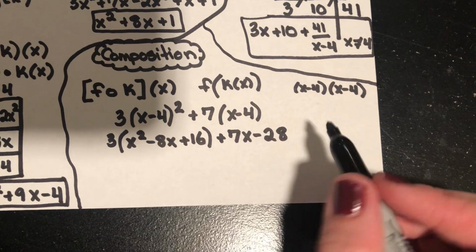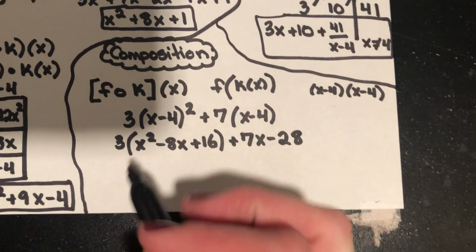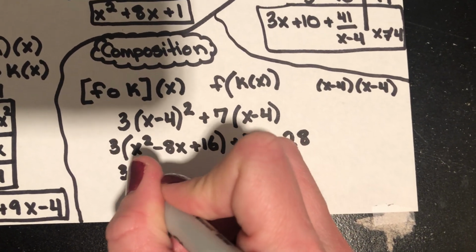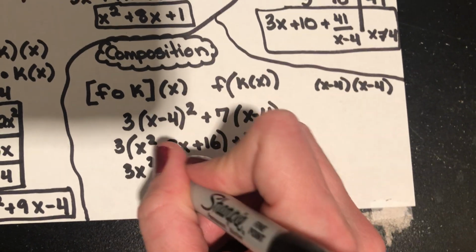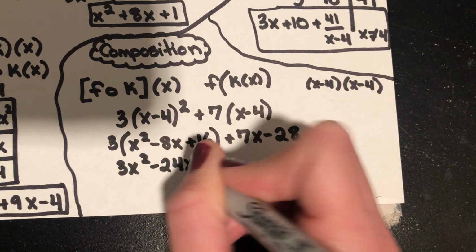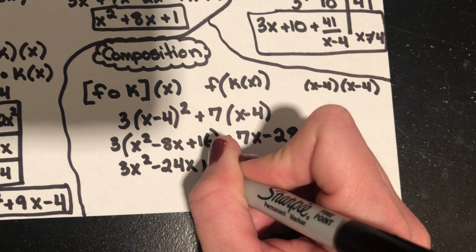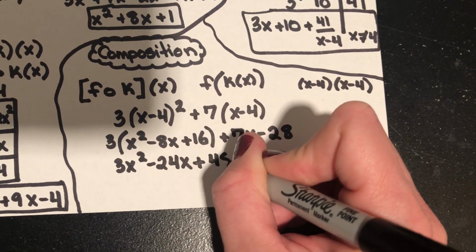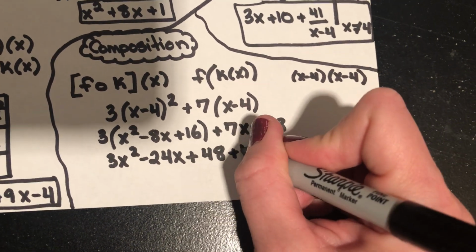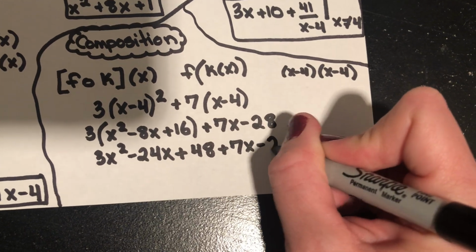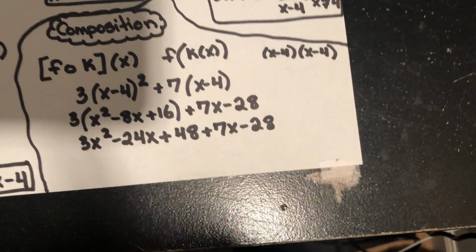And I'm going to continue simplifying until I have a final answer. I have 3x squared minus 24x plus, that's 48 right there, plus 7x minus 28.